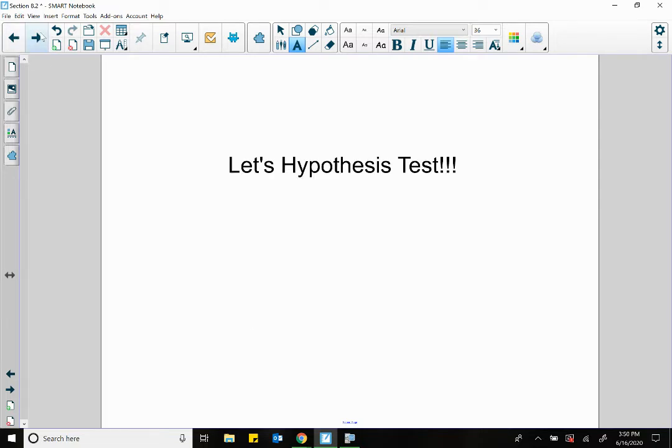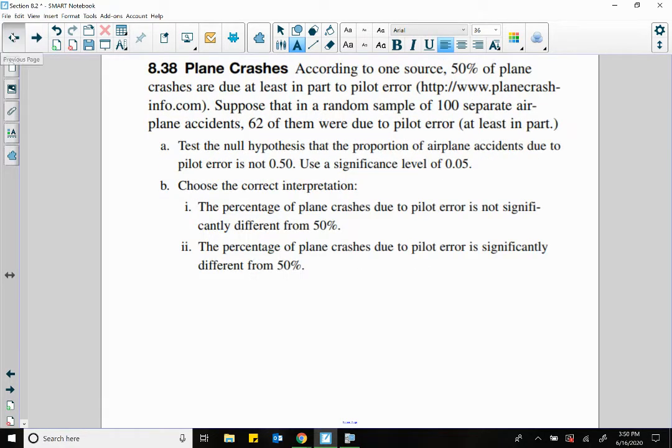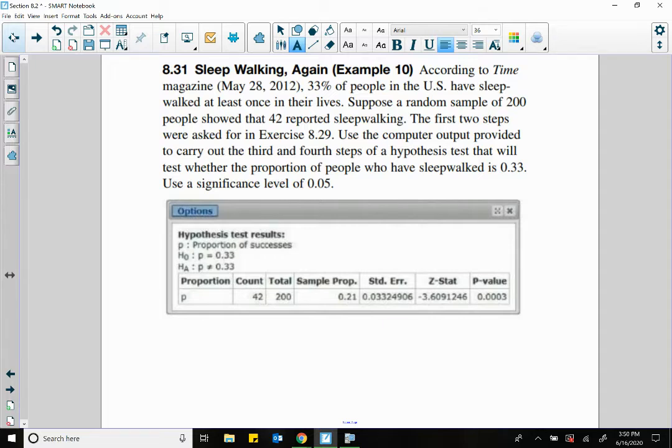All right? So it's time to do this. It is time to run a hypothesis test. And I believe I have 2 of these. Right here, they have run the hypothesis test for us, and they want us to carry out the 3rd and 4th steps.